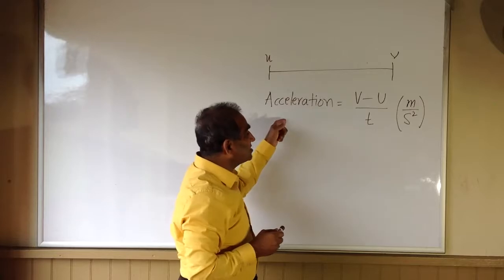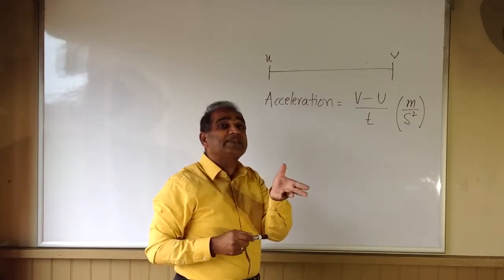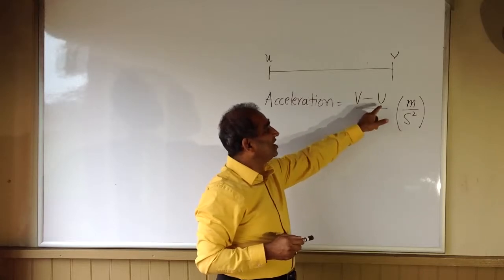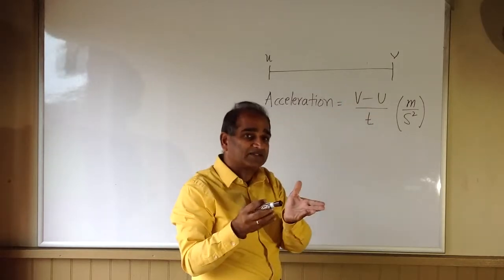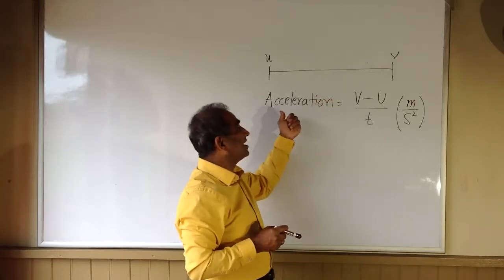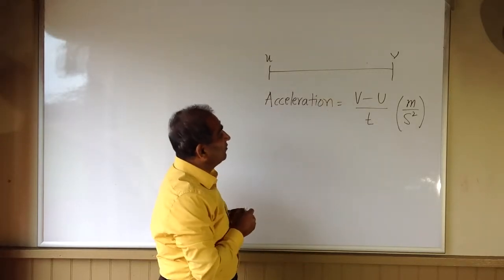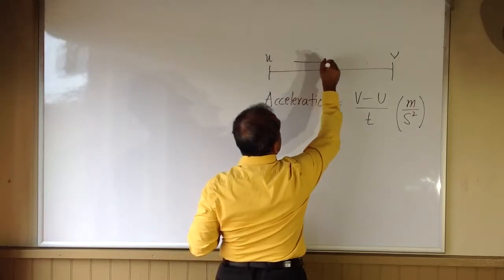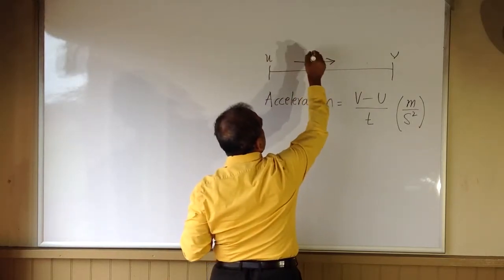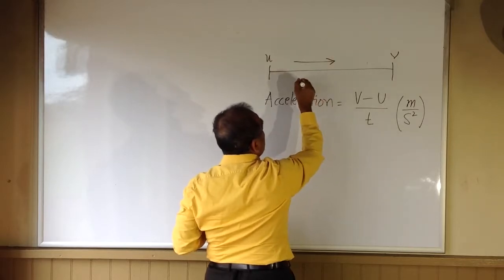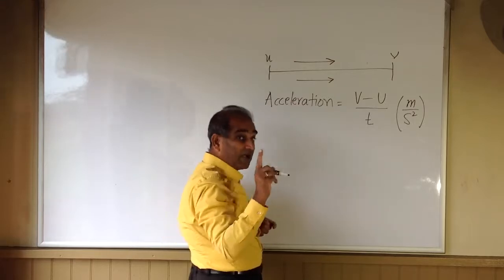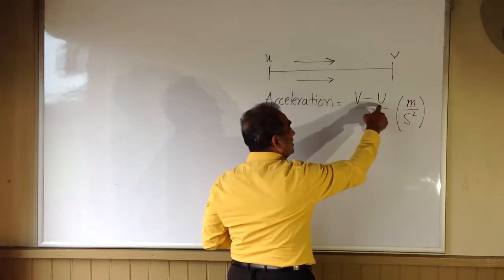Also, is acceleration a vector or a scalar? You know velocity is a vector. So change in velocity is also a vector. And a vector over a scalar is a vector. So acceleration is a vector. The velocity direction is this way and the change in velocity is this way, and the acceleration is also in the same direction, provided v is greater than u.